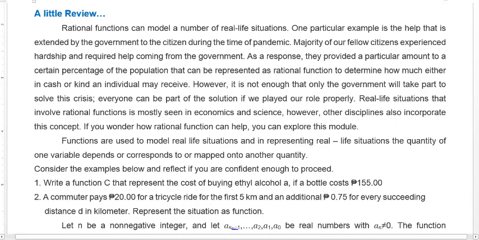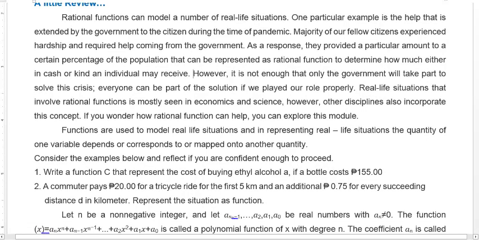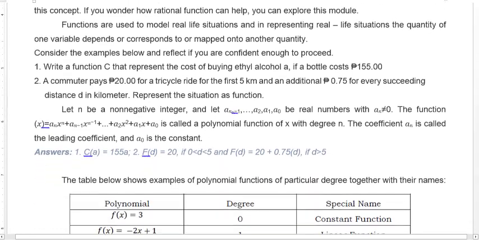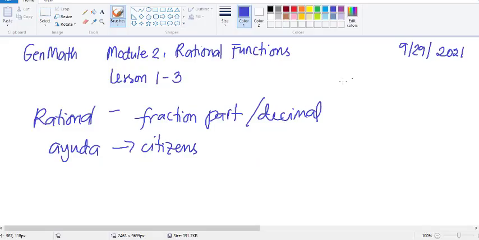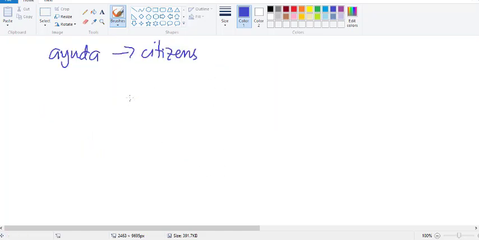For example, we have some examples here. Write a function C that represents the cost of buying ethyl alcohol A if a bottle costs 155 pesos. So 155 pesos daw yung alcohol A, whatever that alcohol may be, 155 pesos siya kada bottle. Let's write a function C that represents this.